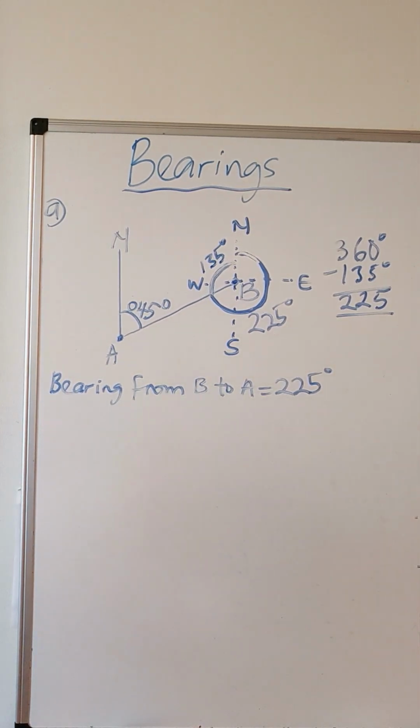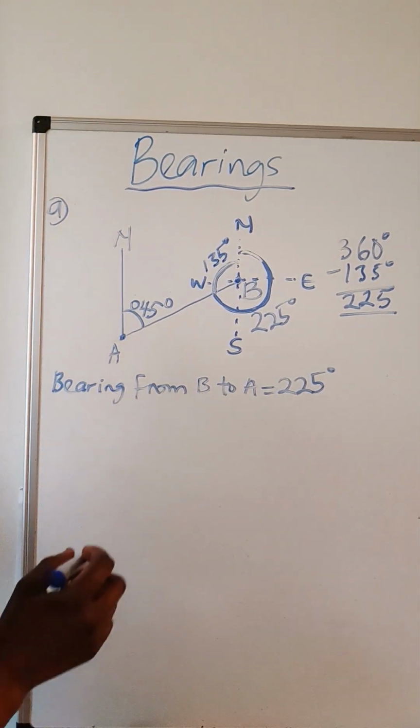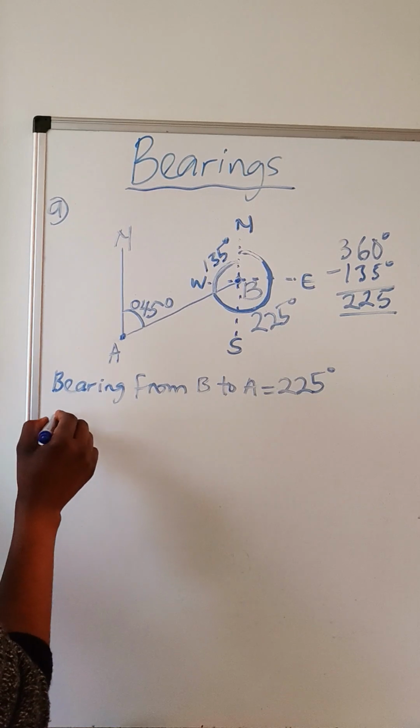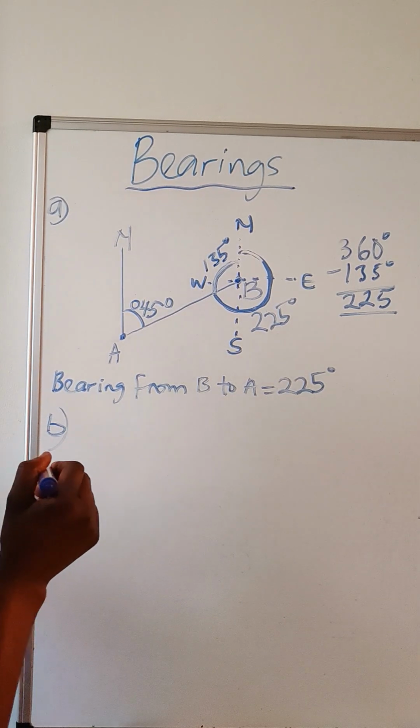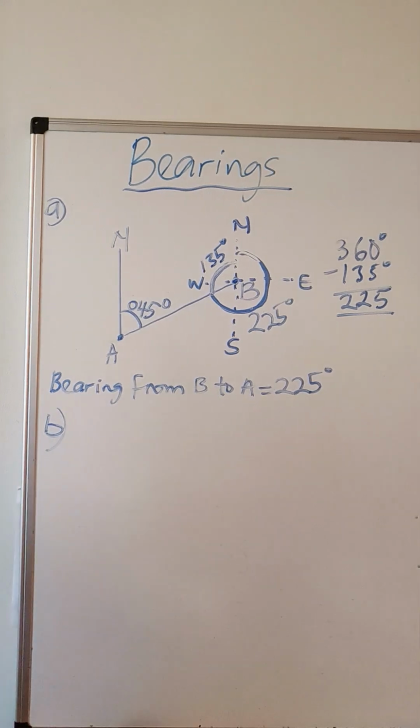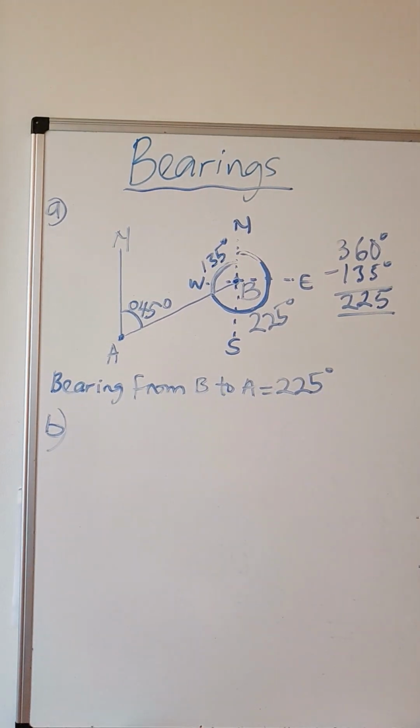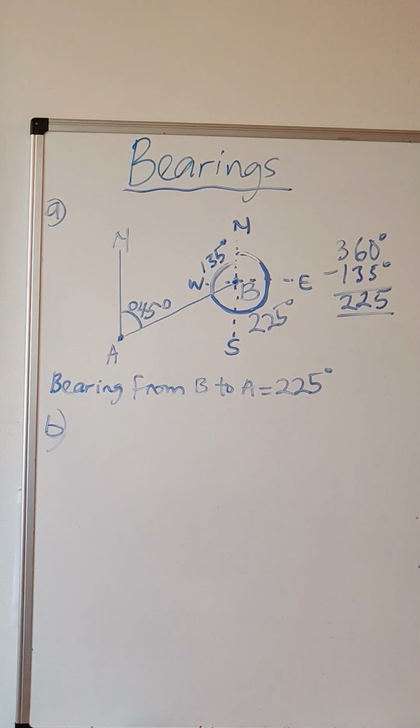I move to the second example, the second one under example 1. The second one to do there is also the bearing from A to B, and that bearing from A to B is 240 degrees.